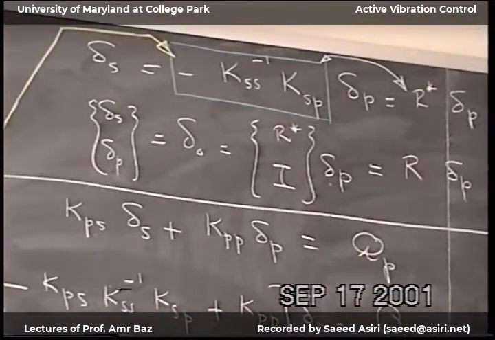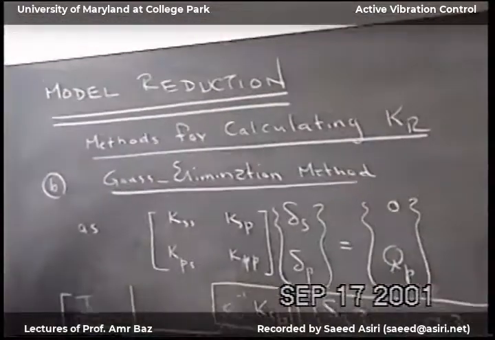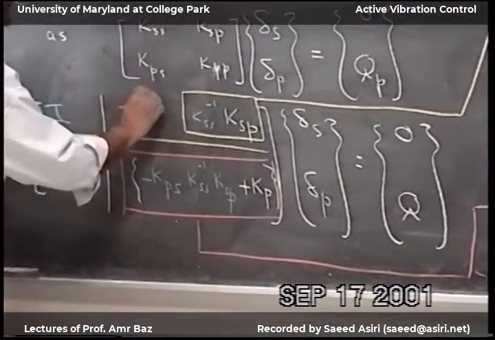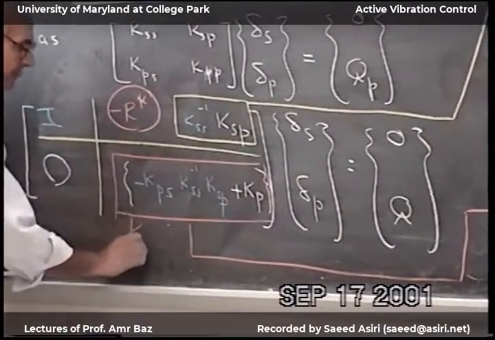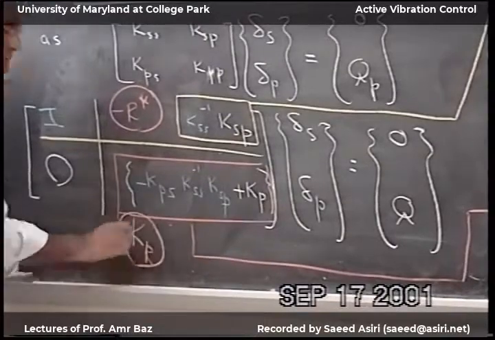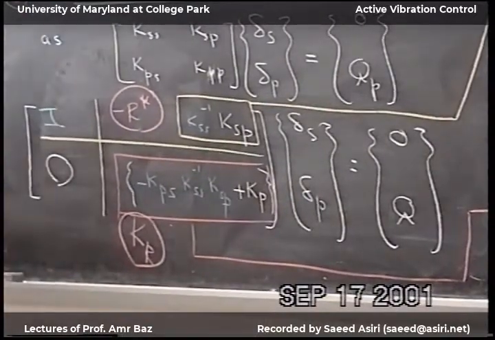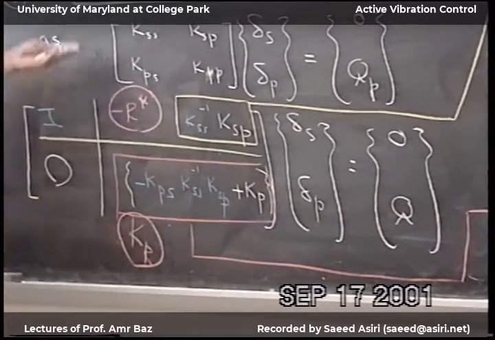So now, after we do the Gauss reduction, this is identity. This is 0. This is minus R asterisk. And this term is K reduced. So the second method for calculating the reduced stiffness matrix is to do Gauss elimination.